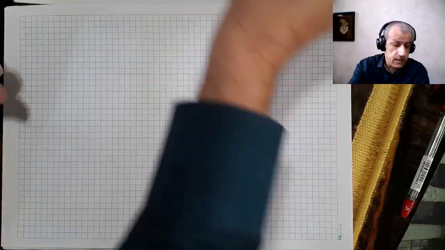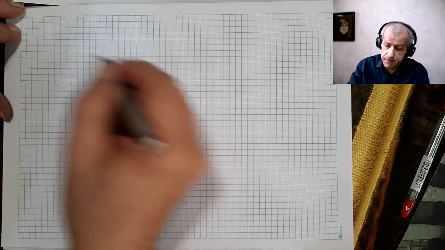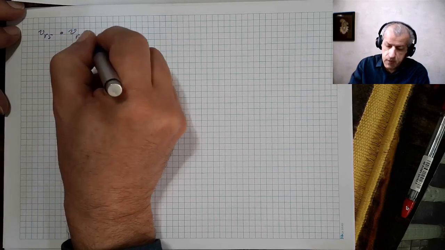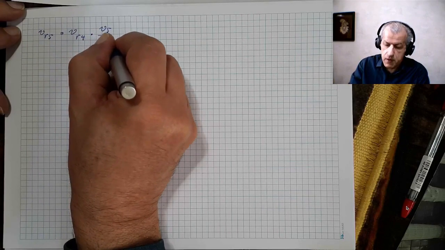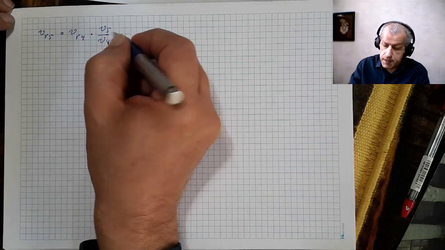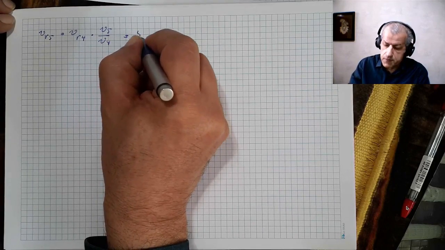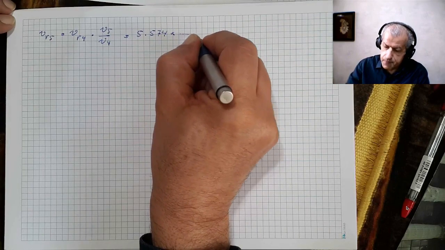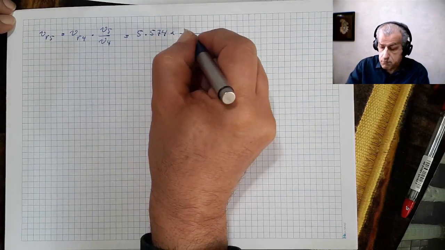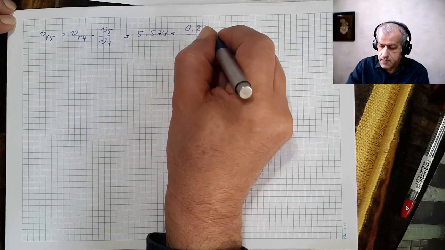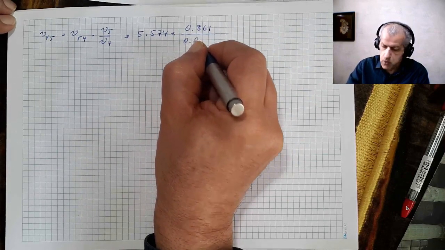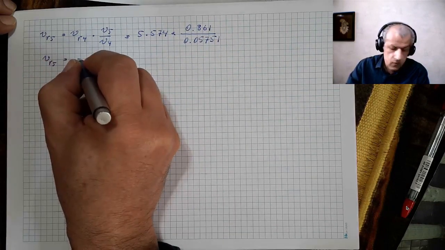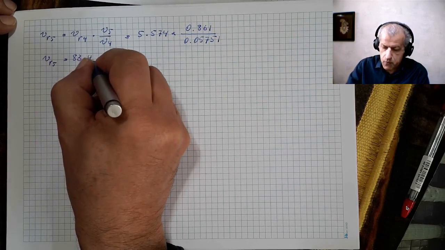And now we shall move to the isentropic process for this point. What we get is that VR5 equals VR4 times V5 over V4, and this equals 5.574 times V5, which equals V1, 0.861 divided by 0.05751, and therefore VR for point 5 would be 83.45.